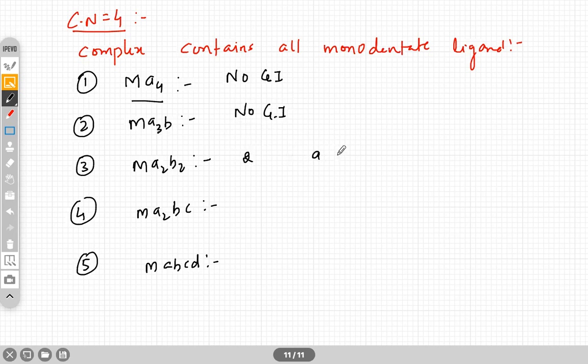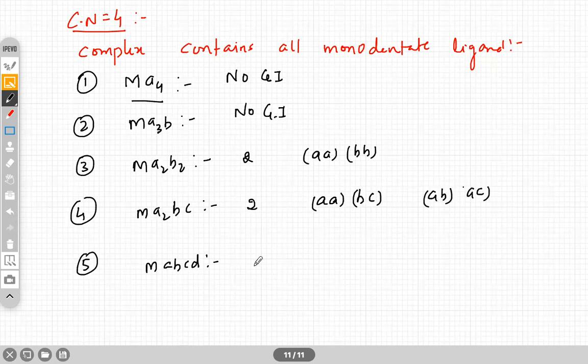If we want to write down, just AA and BB. In this one, we have AA, BC. So we have only 2 GI, that is A, B, C, and we have AB, AC type in this.